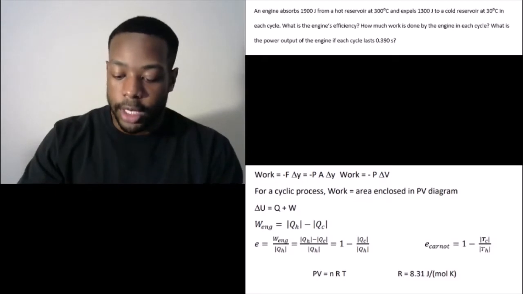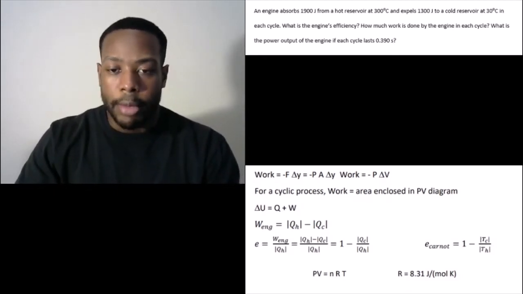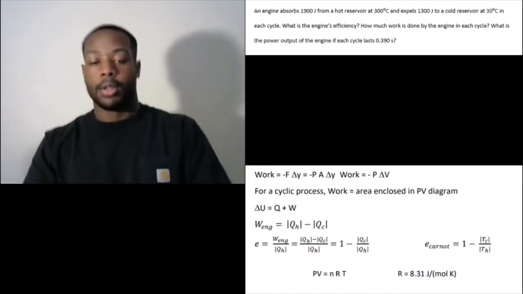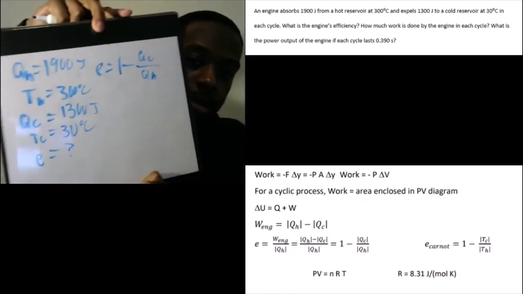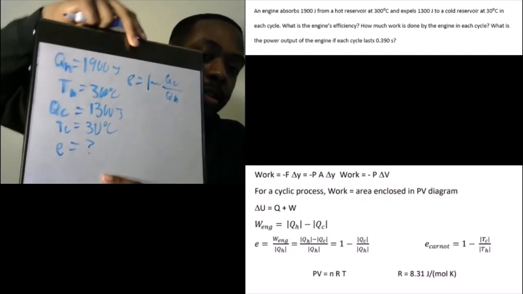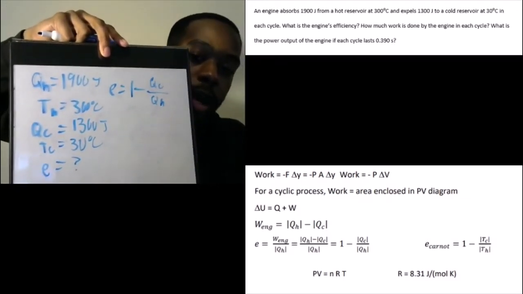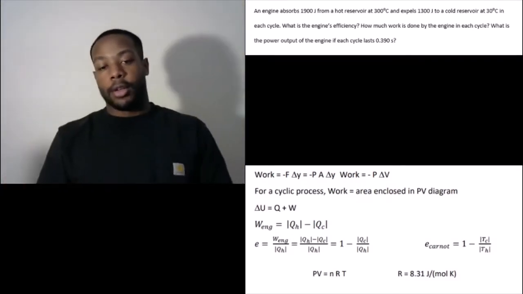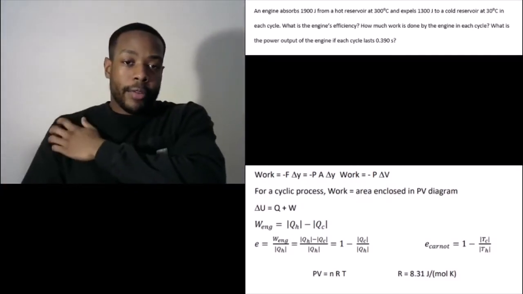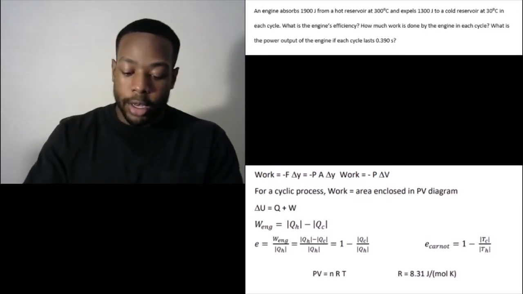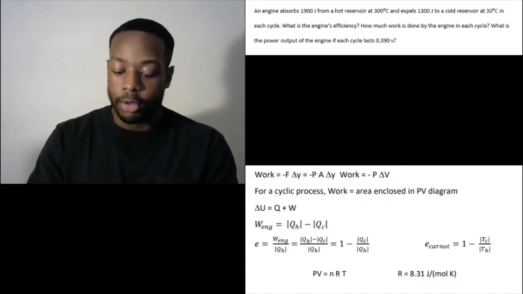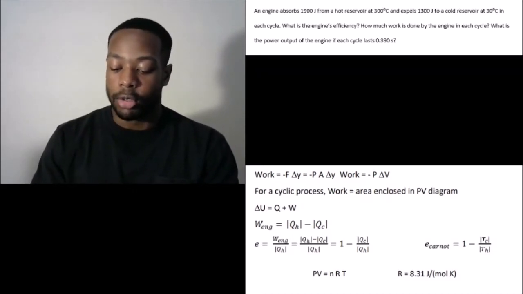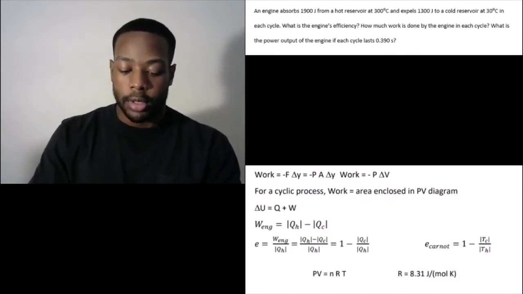You may have settled on something else, but I settled on this one: efficiency equals 1 minus QC over QH. So we can plug in our values really quickly. 1 minus QC, which is 1300 joules, over QH, which is 1900 joules, gives us our efficiency.